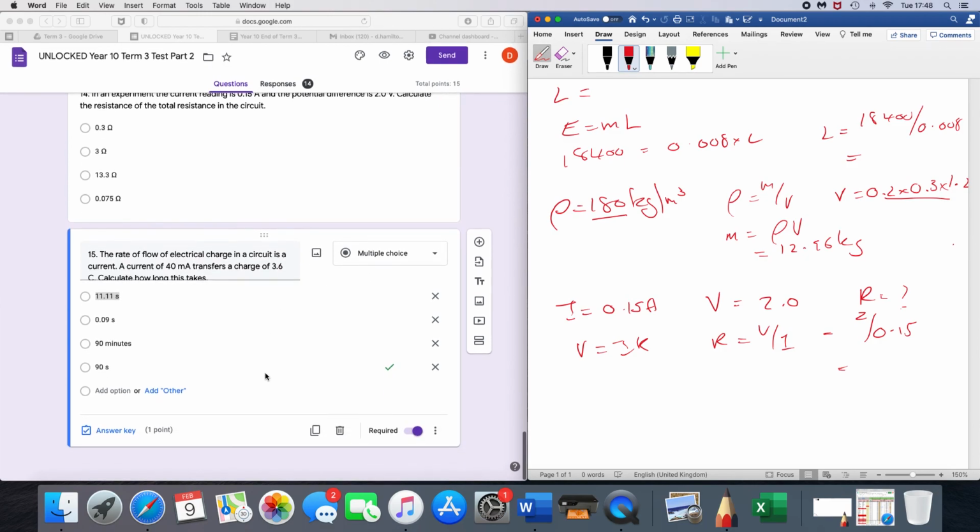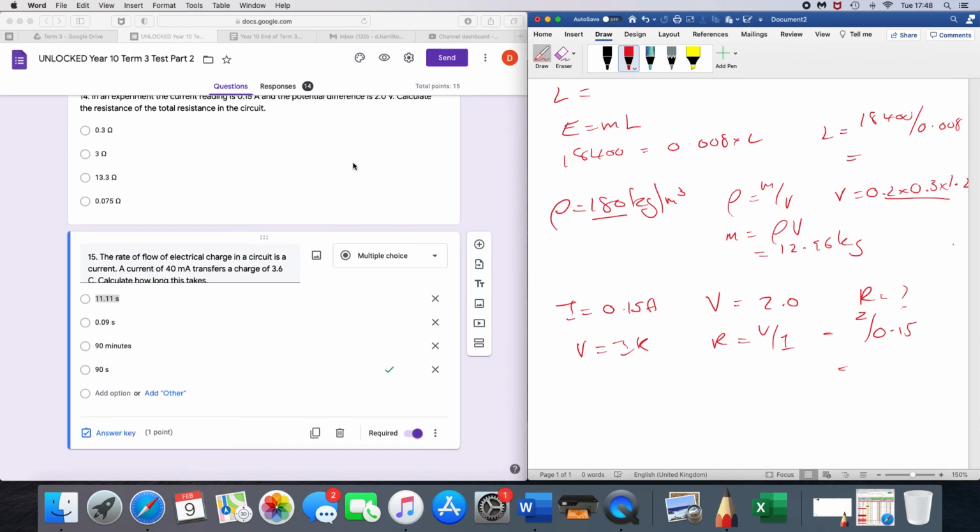Finally then, question 15, we have a current of 40 milliamps, that's 40 over 1,000 amps, and we have a charge of 3.6 coulombs, and we want to know how long it takes for the 3.6 coulombs to flow at that.